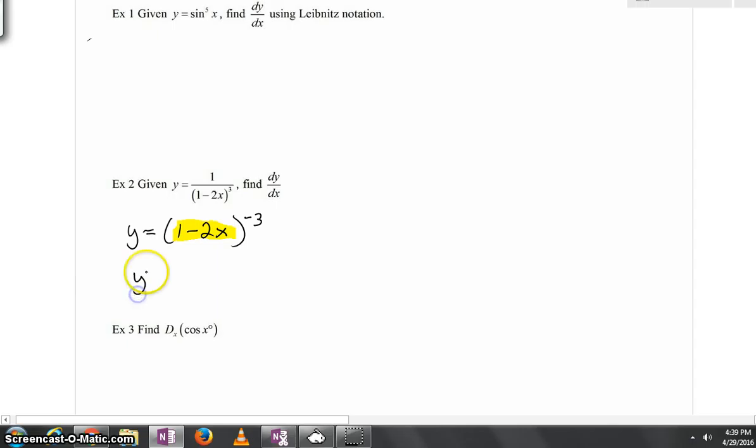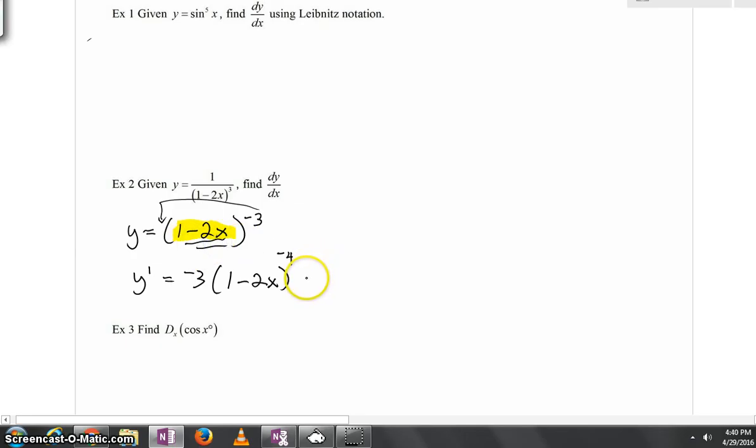That outside function is that negative third power. So according to what we just saw, we're going to take the derivative of that outside. We're going to bring down negative 3. We'll have 1 minus 2x. We subtract 1 from our power, and we'll have negative 3 times 1 minus 2x raised to the negative fourth. But then we have to take the derivative of that inside portion.